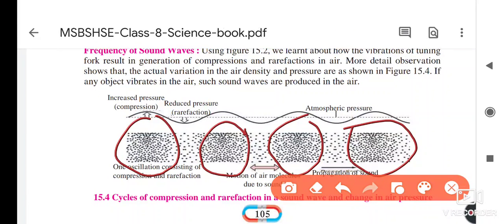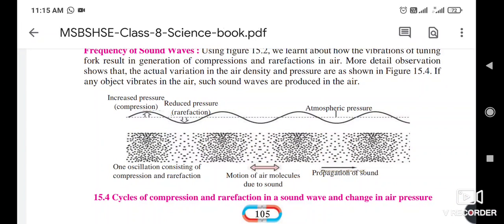One oscillation consists of one compression and one rarefaction. The motion of air molecules due to sound is compressed at a certain level.